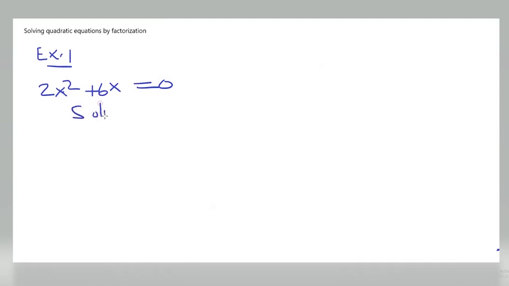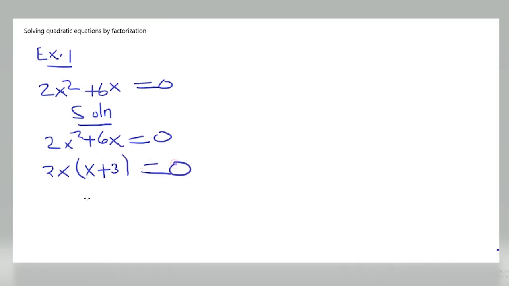Solution: 2x squared plus 6x is equal to 0. Now take 2x out of the bracket, then inside the bracket will remain x plus 3, which will be equal to 0. This means one of the products is equal to 0, which results in the answer 0.